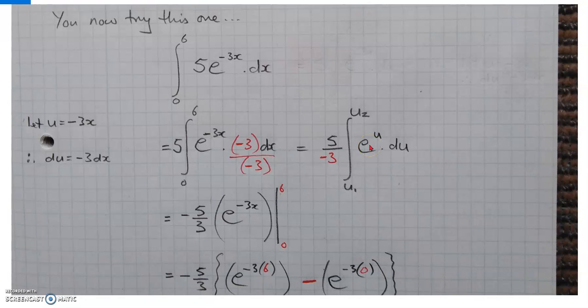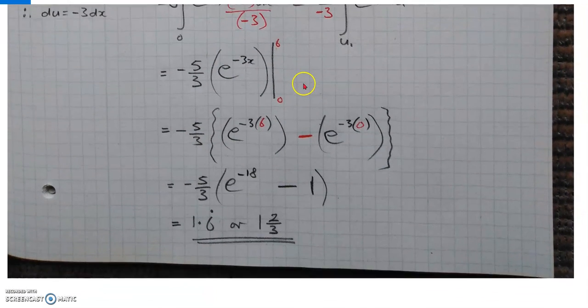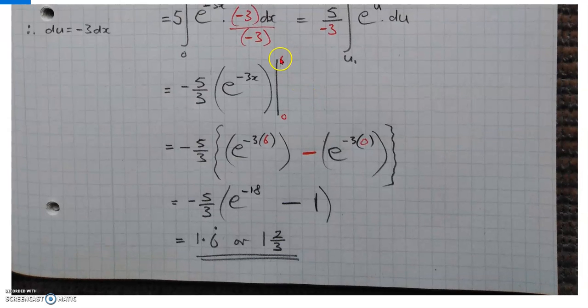Integrate that, get e^u, and the u is minus 3x, so we put that back like this. And now we work this out. We put in the limits of 6 for the x, so there it is there. So it's e to the minus 3 times 6, which is going to give us minus 18, minus, when we put in the 0 for the x there, that's going to go to 0.